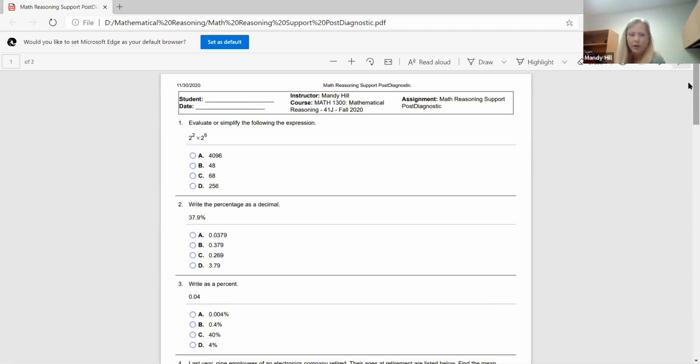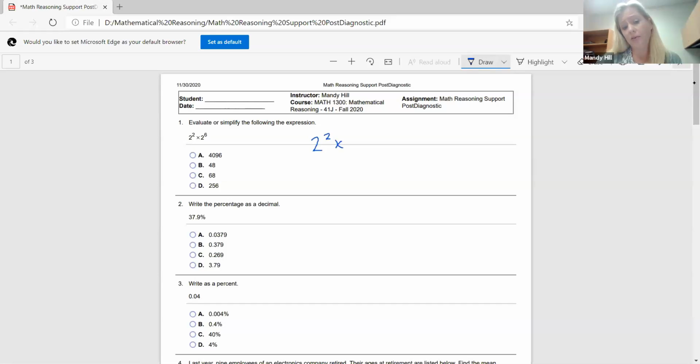Grab my calculator real quick. The very first question says, evaluate or simplify the following expression. You could simply type this into your calculator, 2 squared times 2 to the 6, and you would get the answer. But you should also know that if the bases are the same, since they're both 2's, you can take your exponents and add them.